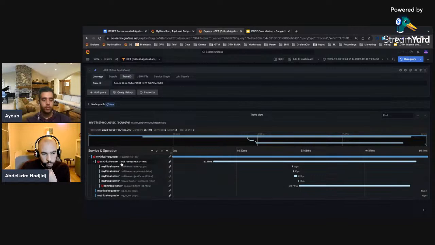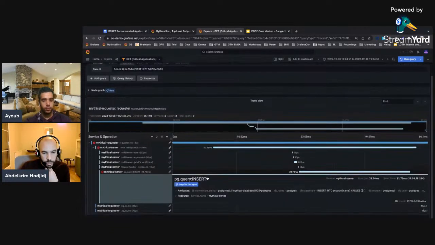So we did first a post on endpoint, and then we did the query on the middleware, and this took, let's say, 52 milliseconds. And inside it, there is an Express JavaScript framework that handled the transaction. And then there is the JSON parser where we extracted the JSON from the query itself.